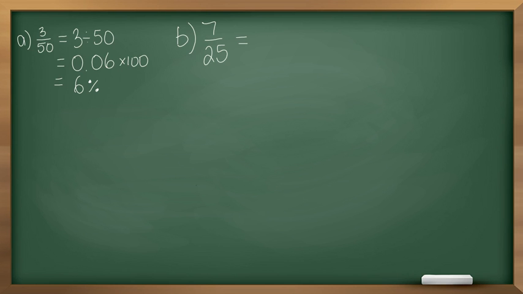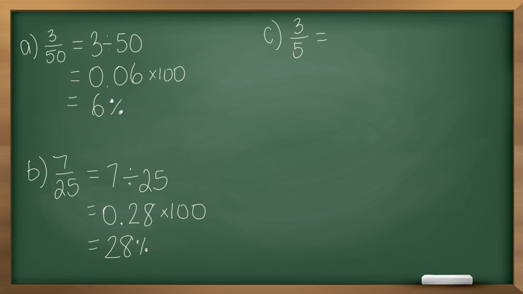So the first thing I would do there is 7 divided by 25 to get a decimal number. That gives me 0.28, or 28/100ths. The next thing I need to do is multiply by 100. So I'm going to do that, and my mental math was correct. I have 28%. So let's take a look at the next one.